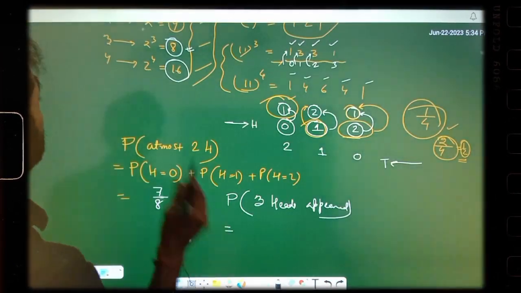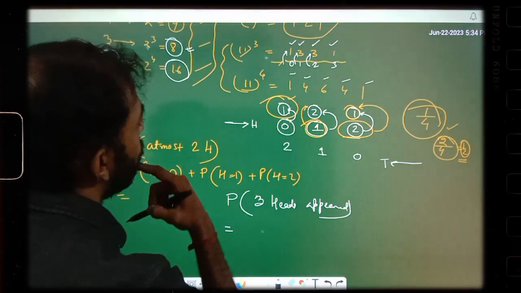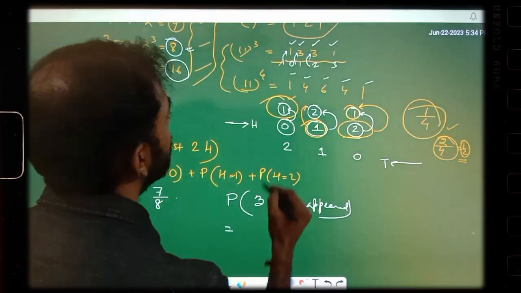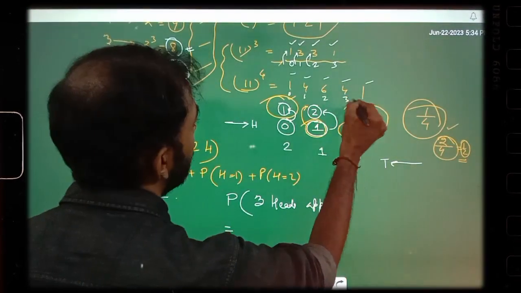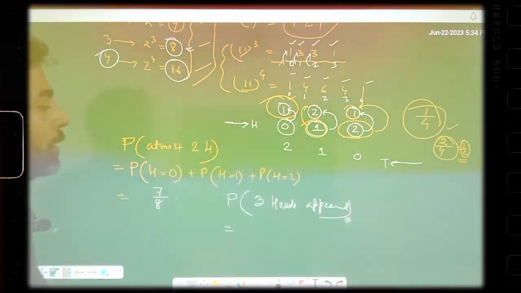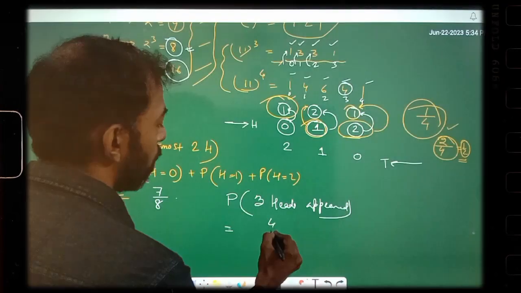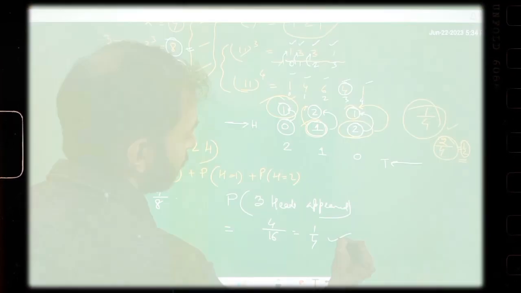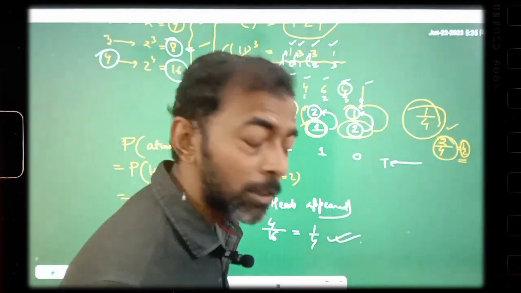So here we are taking just 4 coins. This is our number of heads: 0, 1, 2, 3 and 4. Now 3 heads appear in 4 cases. So the total probability will be 4 by 16, and that will be 1 by 4. You may try the conventional method, but you will get the same answer. That's the trick, actually.